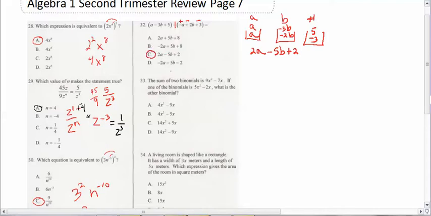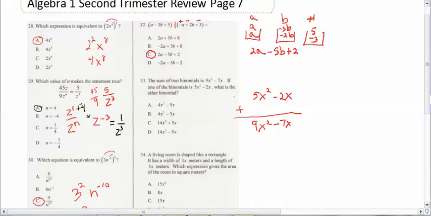Okay, the next one. It says the sum of two binomials is 9x squared minus 7x. If one of the binomials is 5x squared minus 2x, what is the other binomial? Sum means you're going to add, and when you add them together, you're going to get 9x squared and negative 7x. So then I look at my answer choices.